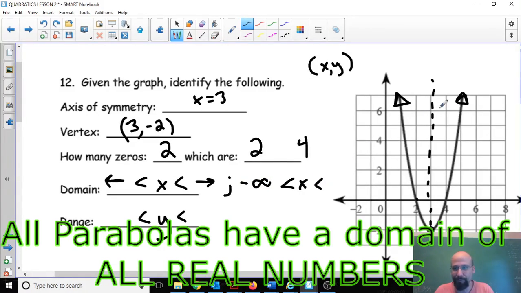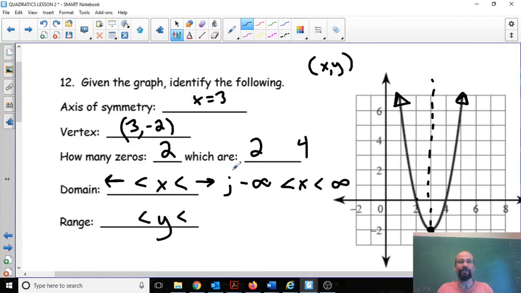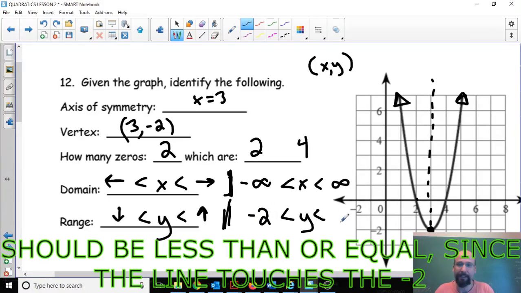And the furthest point to the right, again, is an arrow. So that's positive infinity. The range is the lowest point to the highest point. So the range, lowest point is at -2. And the highest point is infinity.